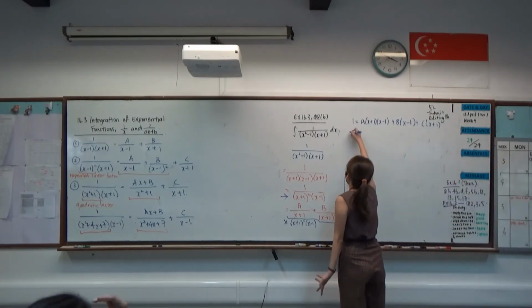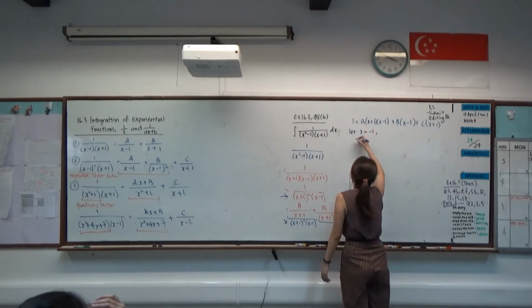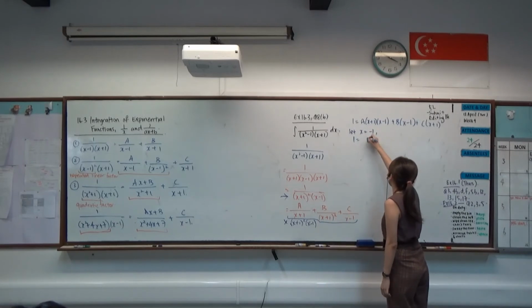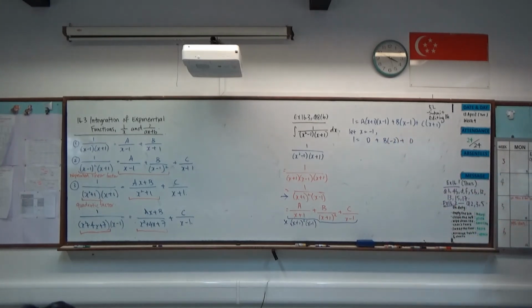Then we sub in numbers. Let x be negative 1. Then that becomes 0, that becomes 0. Your A and C become 0.